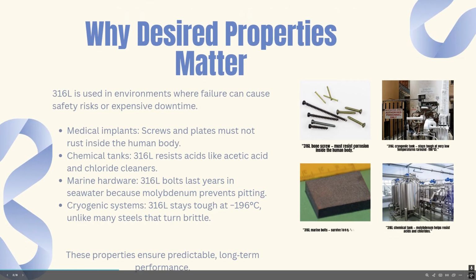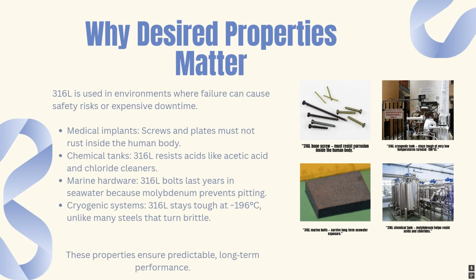Okay. So why do desired properties matter? 316L is used in environments where reliability and consistency are really important. 316L is chosen for really critical situations like medical, chemical, and marine applications, for example medical implants, chemical tanks, marine hardware, and cryogenic systems.